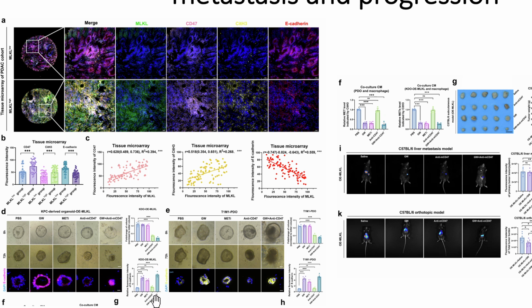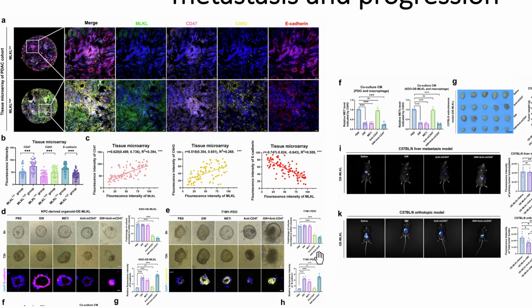And after that, they did the experiments on T1M1 PDO, or the patient tumor cells. In this case also they can see that after 72 hours the tumor volume goes down where GW and anti-CD47 are used.